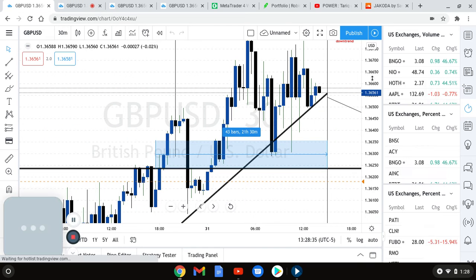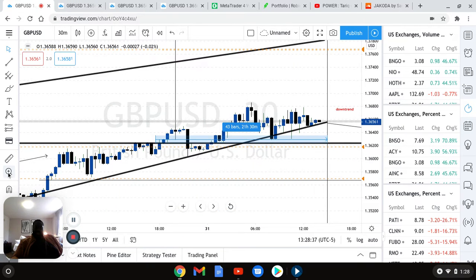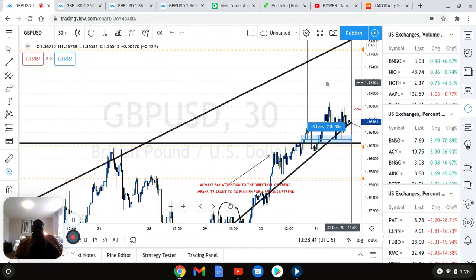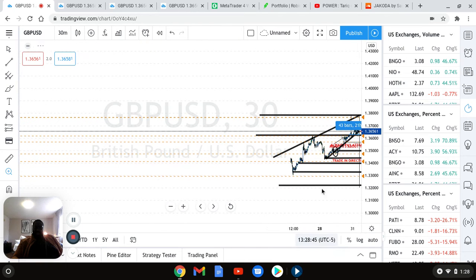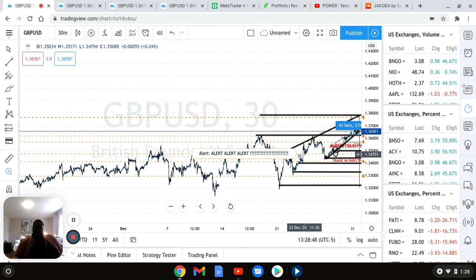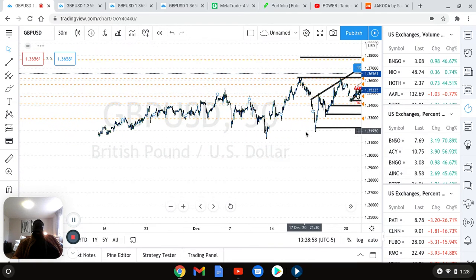So it took me all the way back here, but like I said, we're going to zoom in all the way here, and we're going to see what has been going on. You don't want to just go in, you want to see what's been going on before you jump the gun. Don't ever jump the gun, before you ever place a trade.